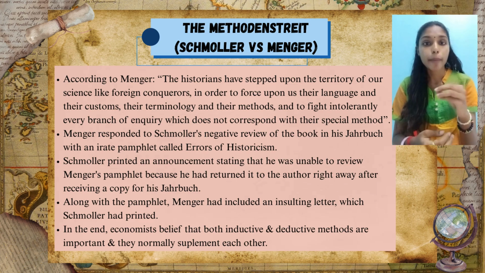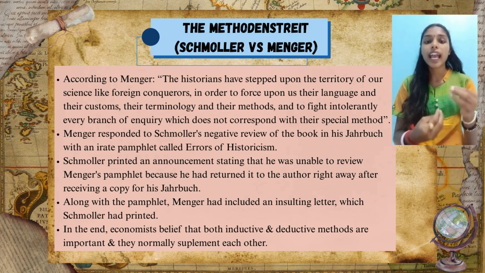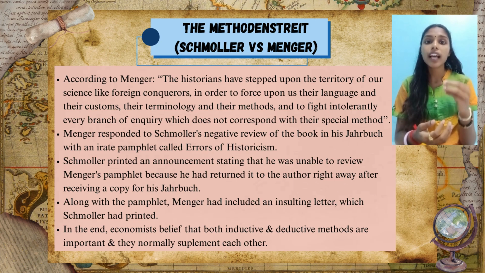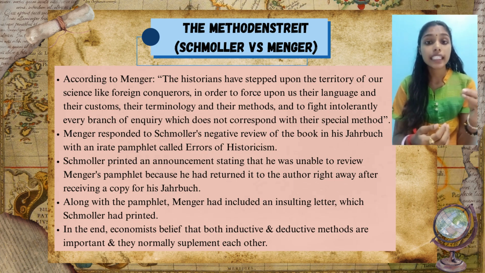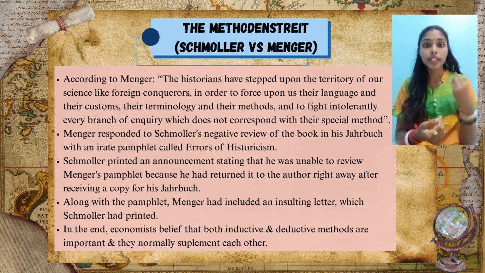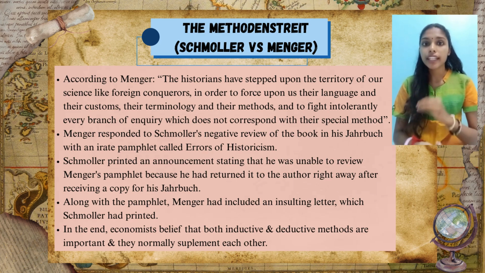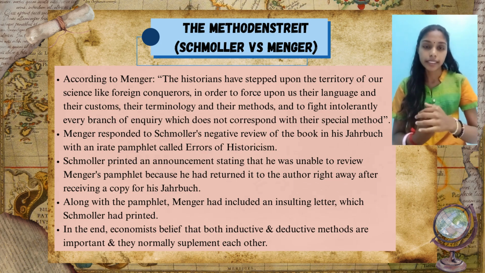Along with the pamphlet, Menger also included an insulting letter, which Schmoller printed. In the end, economists believe that both inductive and deductive methods are important and normally supplement each other.